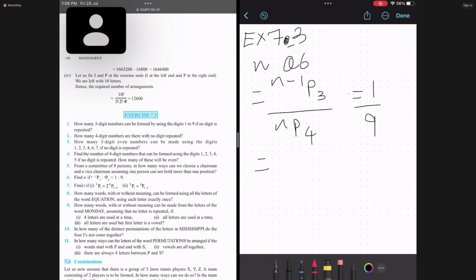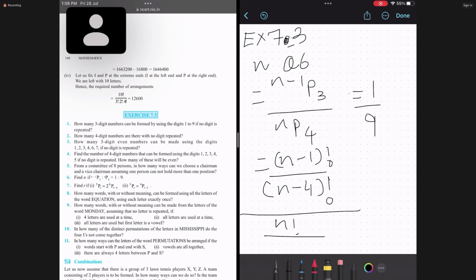So n minus 1 P 3 would be n minus 1 whole factorial upon n minus 4 factorial. Correct, because n minus 1 minus 3 would be n minus 4, and subsequently the denominator would be n factorial upon n minus 4 factorial. This and this get cancelled out. I have 1 over 9.